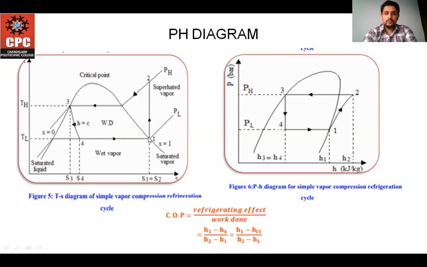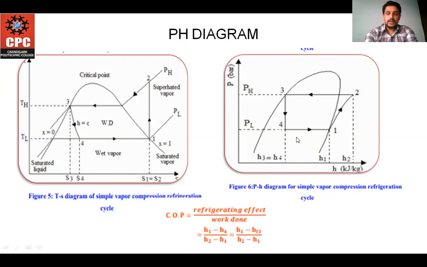And after that, 4 to 1 is evaporation. In this, the heat is absorbed from the space which is to be cooled. Actually, 4 to 1 represents the refrigerating effect, that is, how much heat it is extracting.